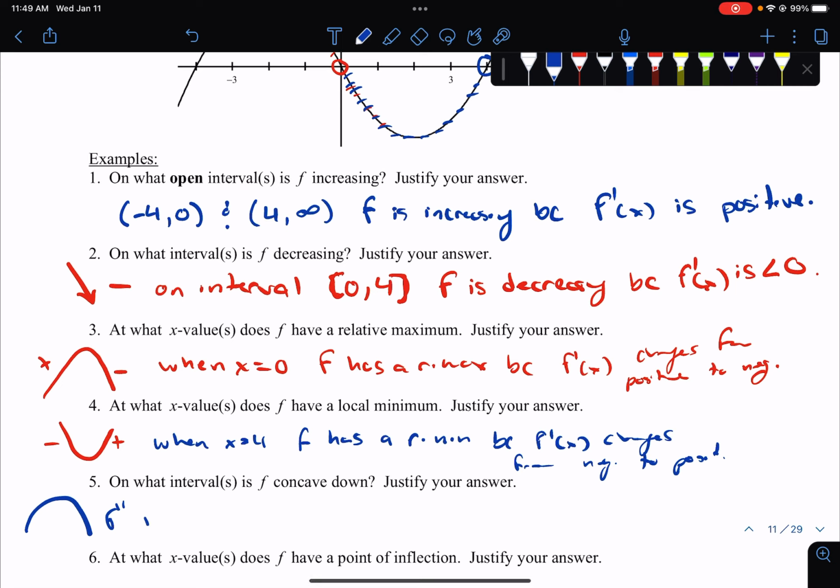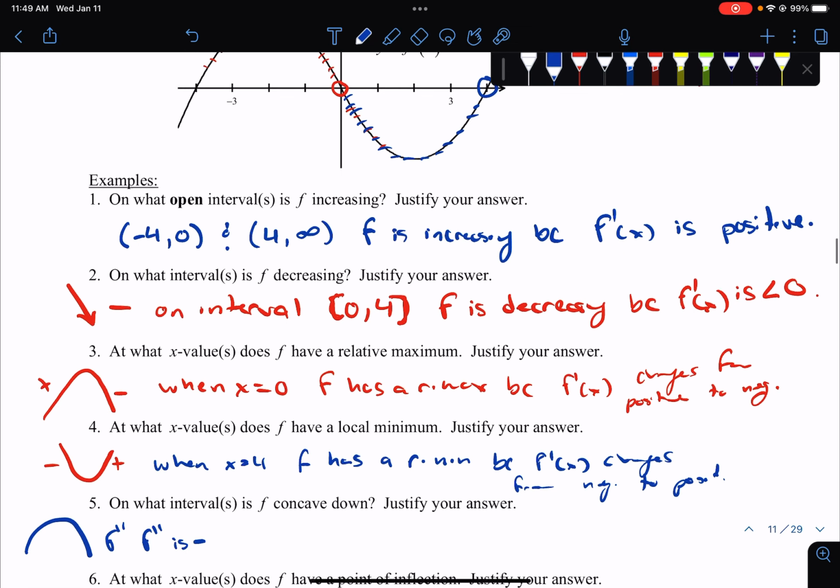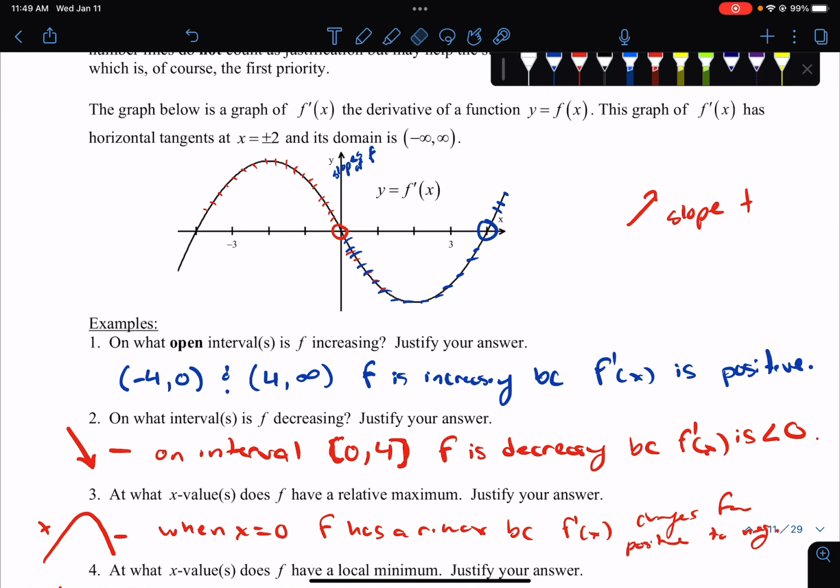If f double prime is negative, then my original function is concave down. But I don't have f double prime. I have f prime. And here's where you need to be careful. I can't use f double prime to answer this question. I have to use f prime.